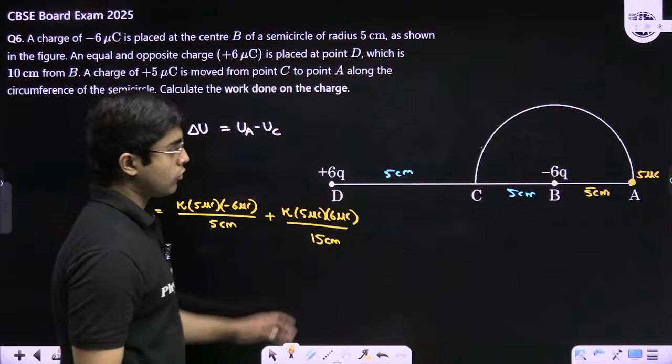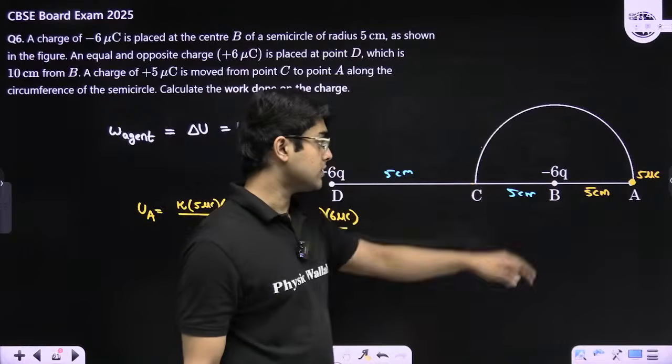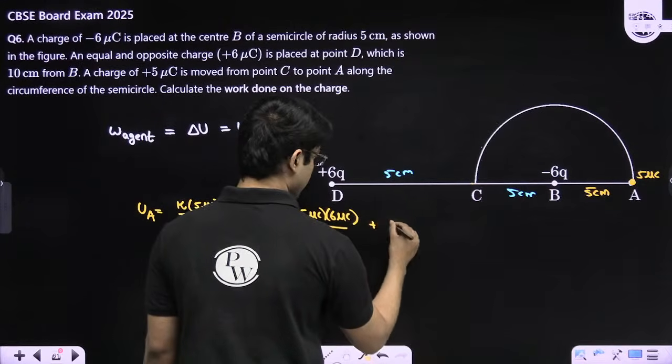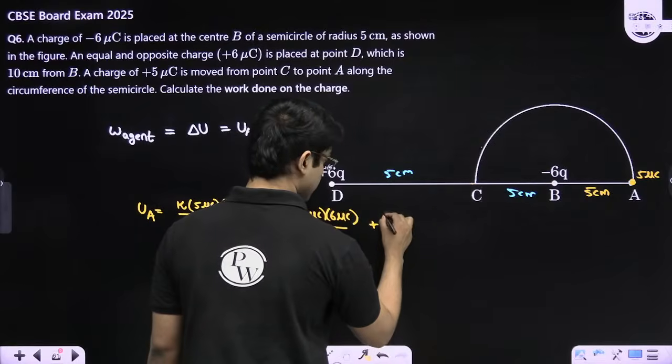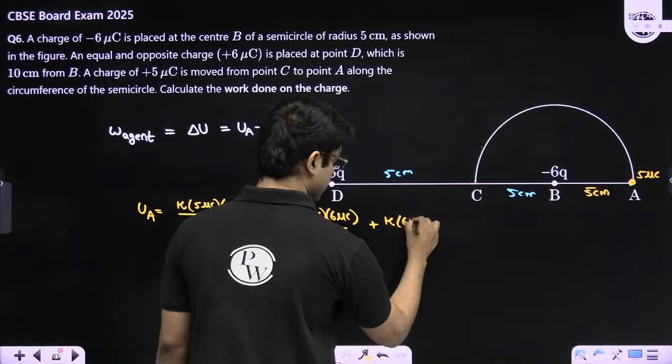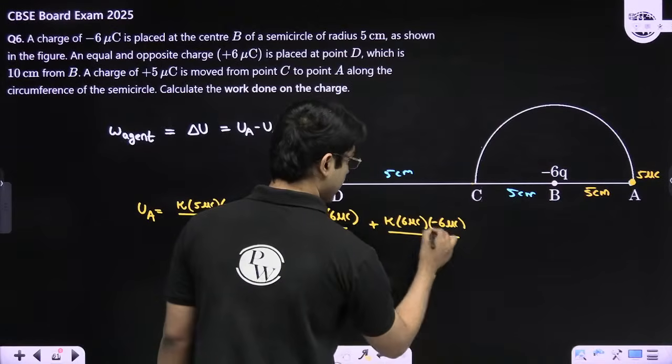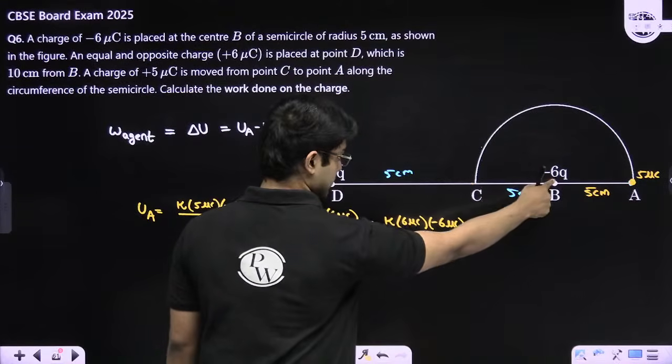Now there is also the interaction between 6 and minus 6. You can write that also; I'll explain why that is not needed. K into 6 microcoulomb into minus 6 microcoulomb divided by the distance between them, that is 10.